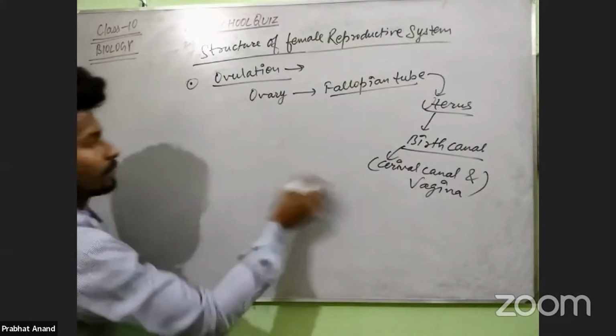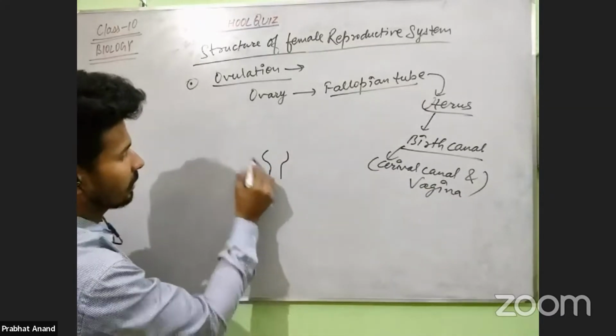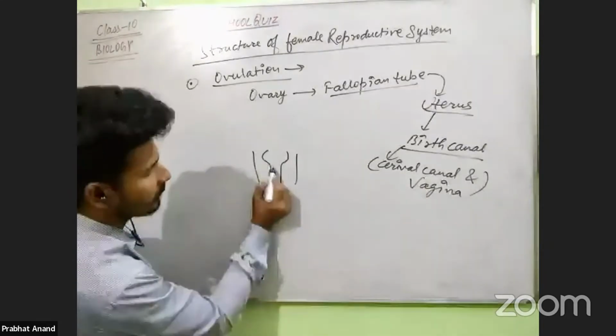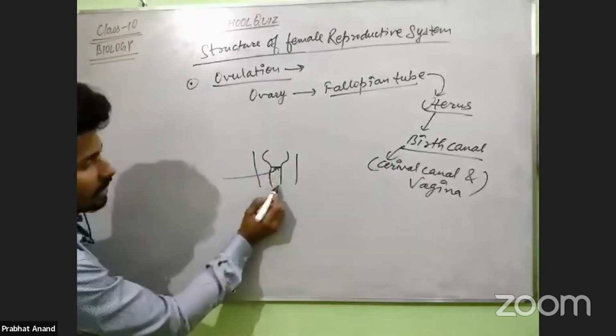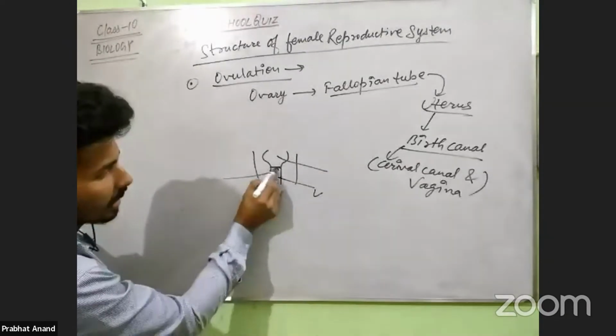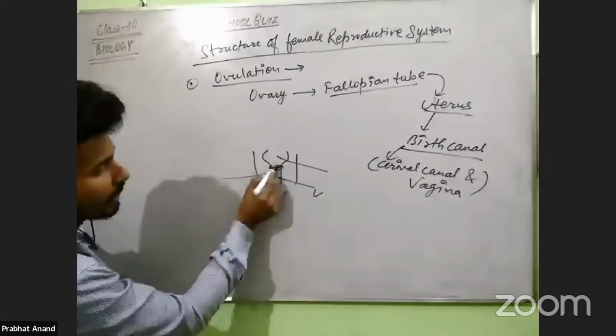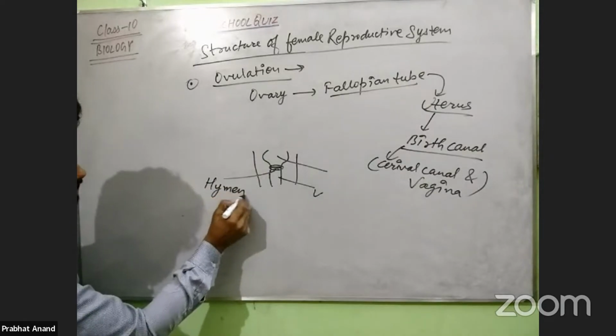One thing I haven't said: in the vaginal part, a membranous structure is present. Here this is the vaginal part, this is the cervical canal, right? In between, a membranous structure is present, and this structure is called the hymen.